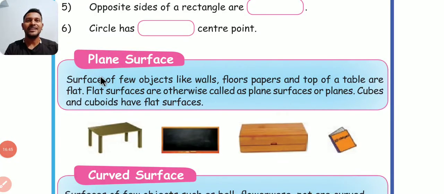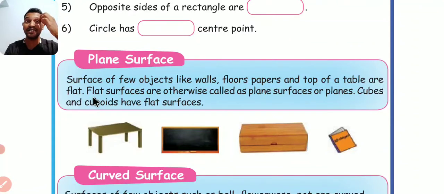Next we are going to learn what is a plane surface. The surfaces of few objects like walls, floors, papers and the top of a table are flat. Flat surfaces are otherwise called plane surfaces or planes. Cubes and cuboids have flat surfaces. What are plane surfaces? That means flat surfaces.